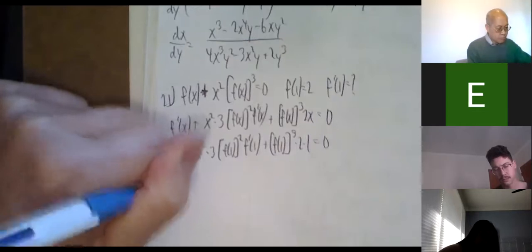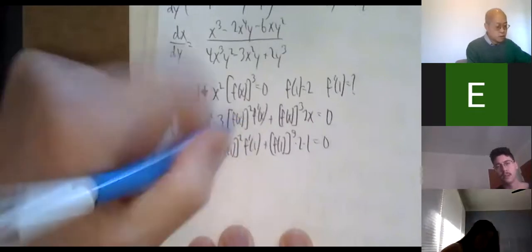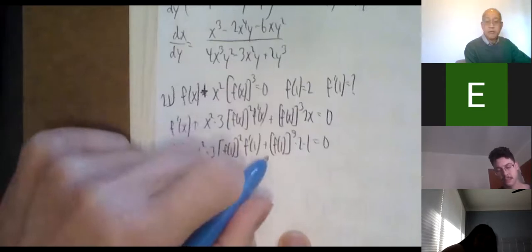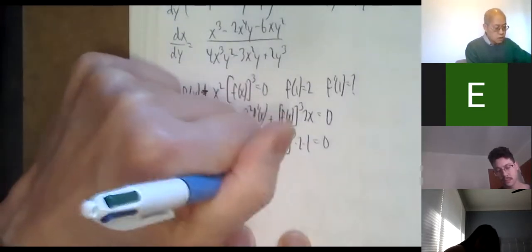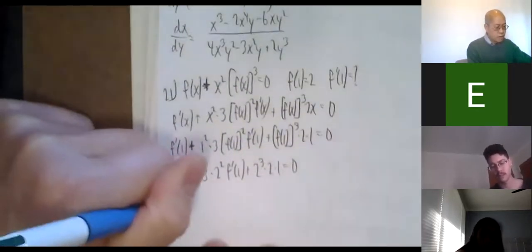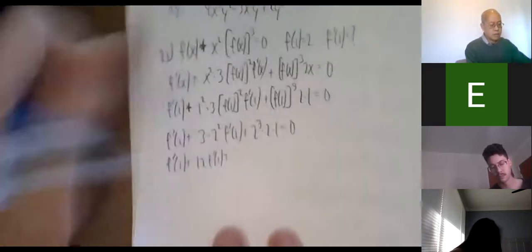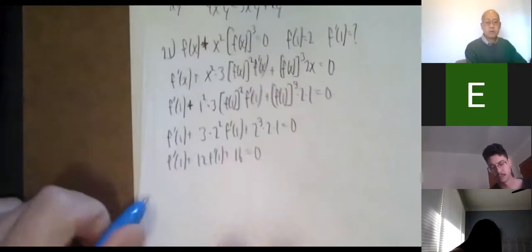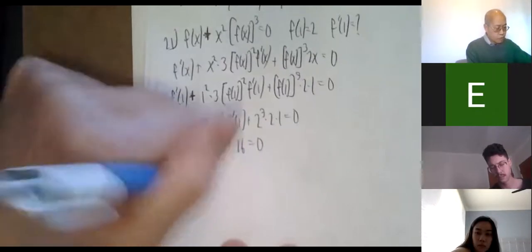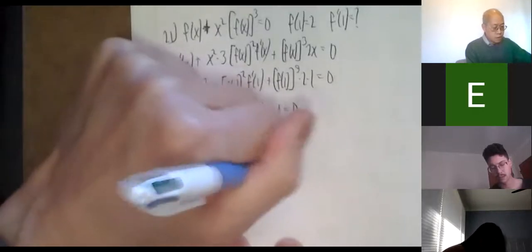So f prime of 1 plus 3 times 2 squared, f prime of 1, plus 2 cubed times 2 times 1 equals 0. f prime of 1 plus 12 f prime of 1 plus 8 times 2 is 16 equals 0. That gives me 13 f prime of 1 equals negative 16. So f prime of 1 is negative 16 over 13.